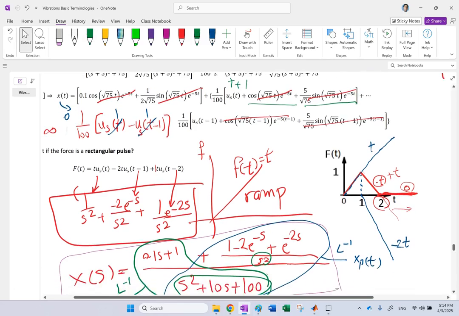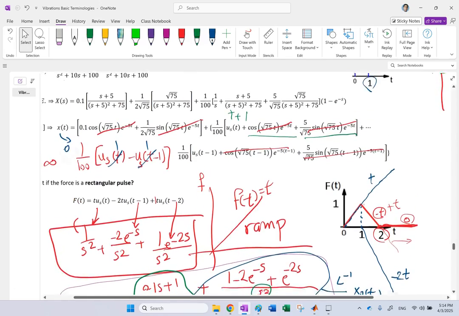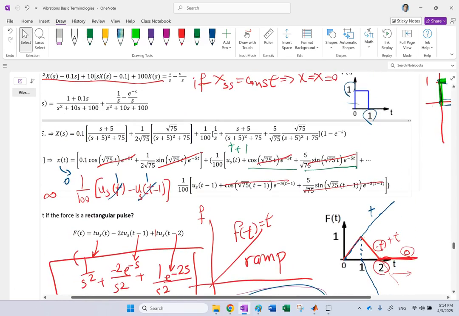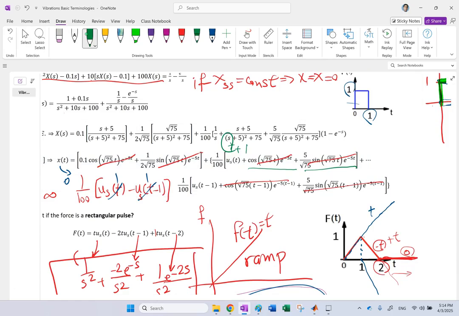Okay, so if you give it a ramp, the response is going to be more like a ramp as well. Okay, but only for some time. After that, because the injection of energy into the system stops at t of 2, after t of 2, the damping will dissipate this initial momentum and will make the system stop.